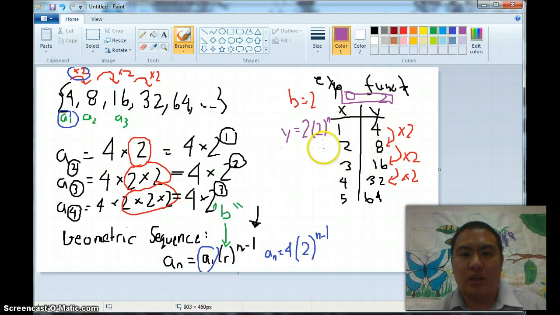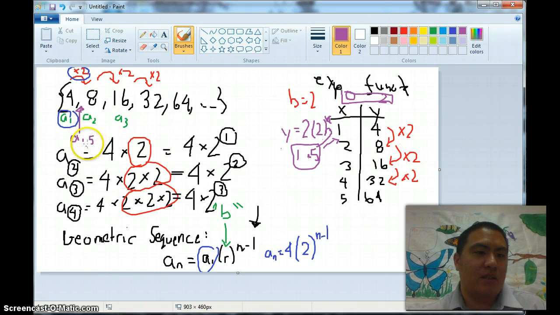You can do a 1.5 for the x, right? All you'd have to do is plug this 1.5 into that x. Whereas in this one, you can't necessarily find a term in between 1 and 2. You can't find an a sub 1.5. That doesn't make sense. So the major difference is that a sequence is just a bunch of points, whereas an exponential function, you're getting a whole curve out of it.